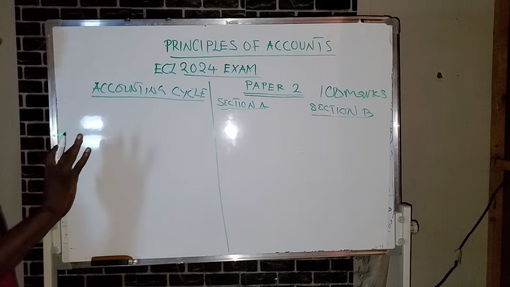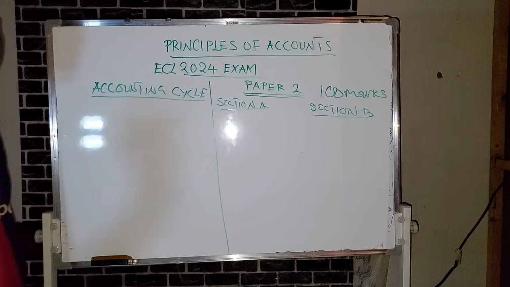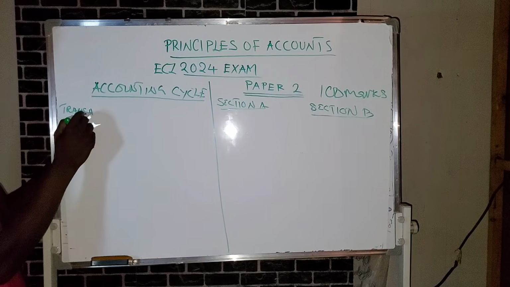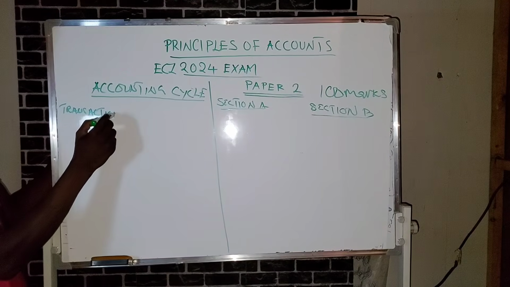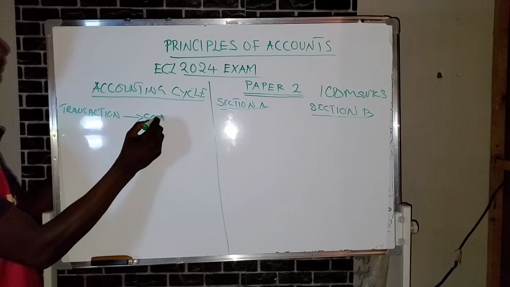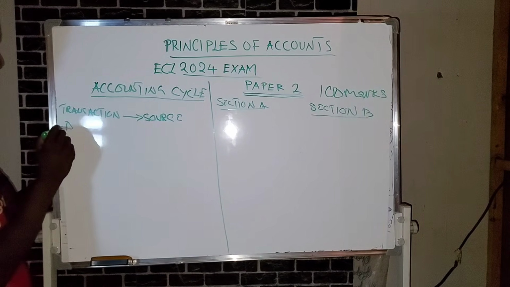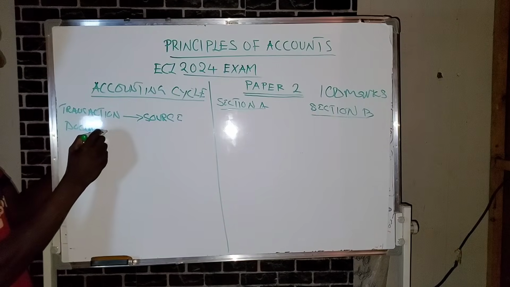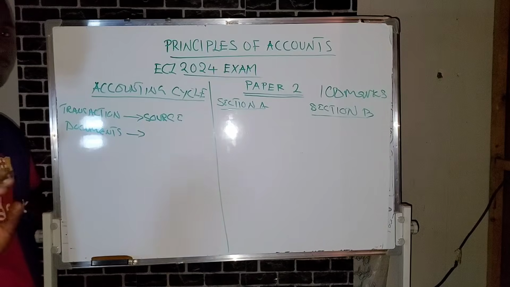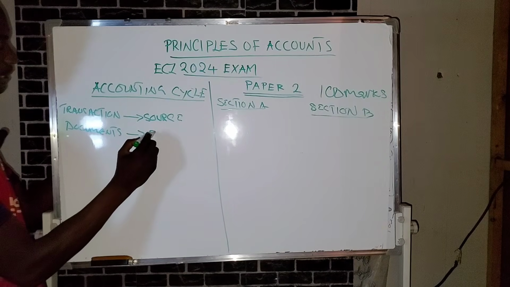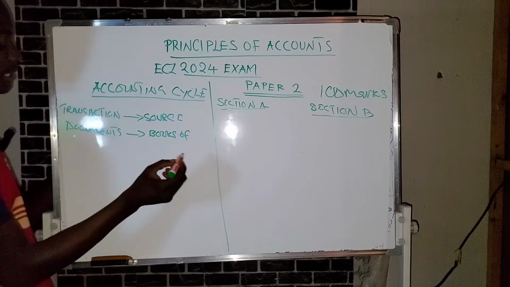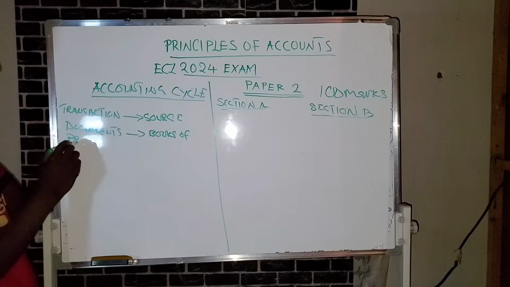Now, the accounting cycle, in simpler terms, you should start with a transaction. From a transaction, you have source documents. From source documents, you have journals or subsidiary books or books of original entry, books of prime entry.